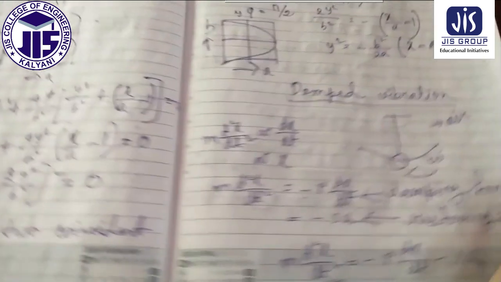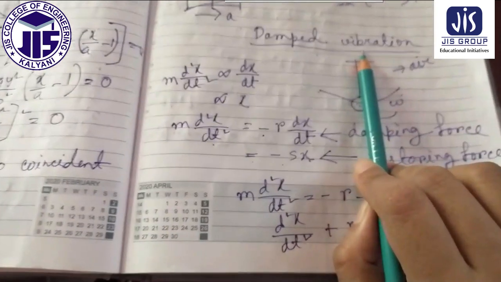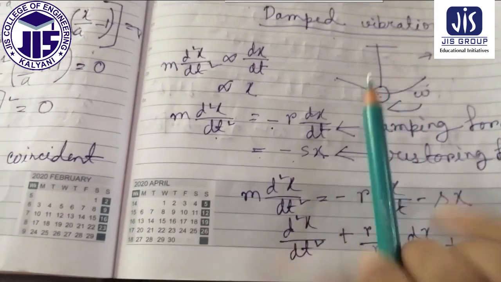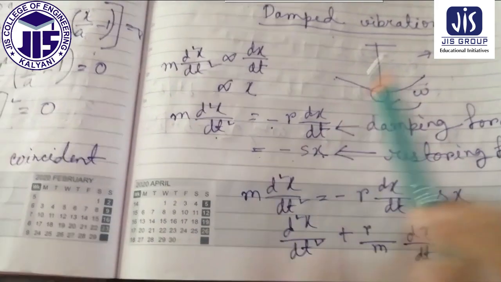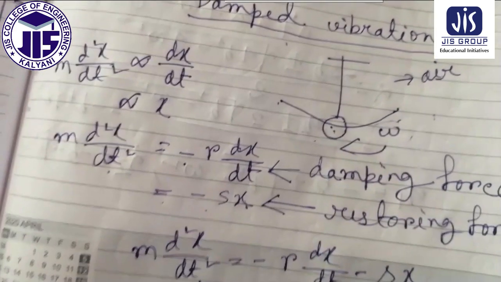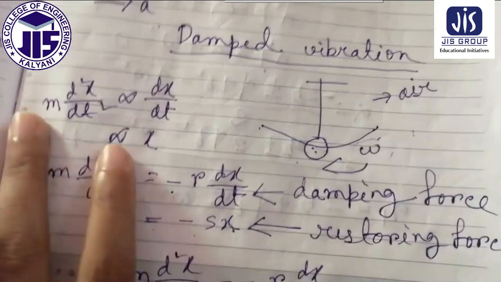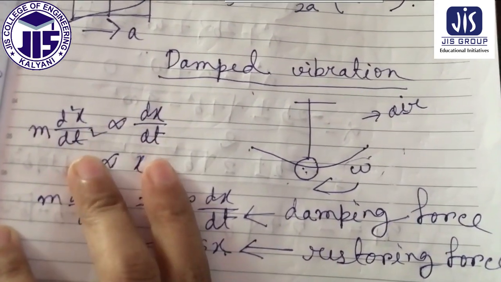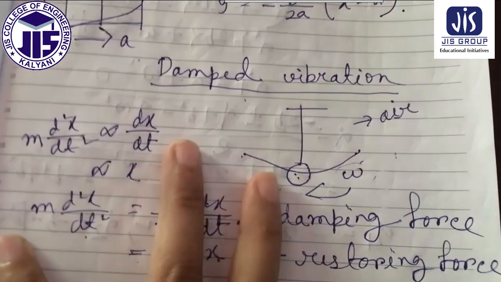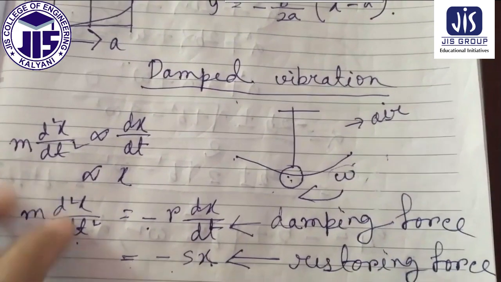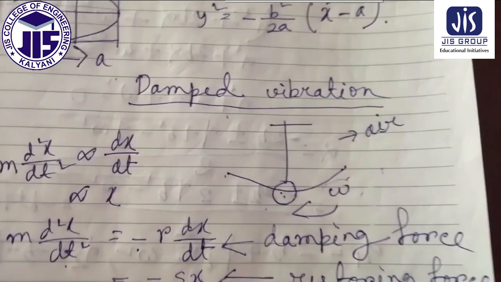And then we started damped vibration. Damped vibration means, if we consider a simple harmonic motion, then there are two forces: m into d2x dt square, which is proportional to the velocity, giving the damping force, and also m into d2x dt square equal to minus sx.